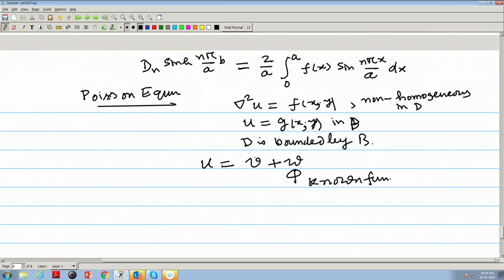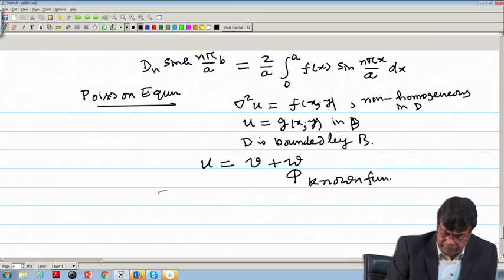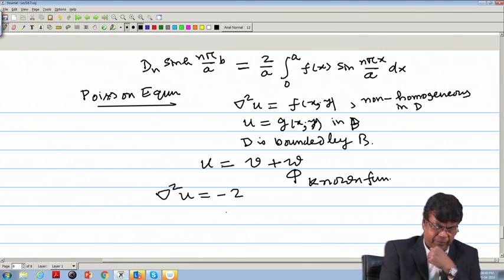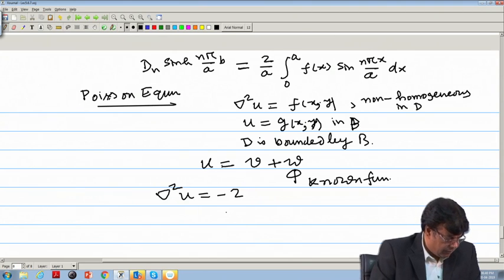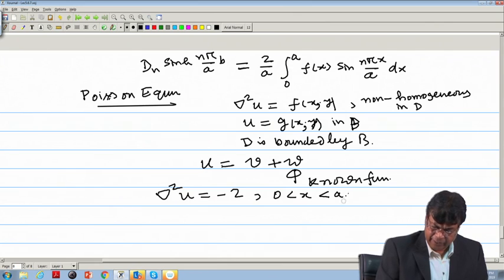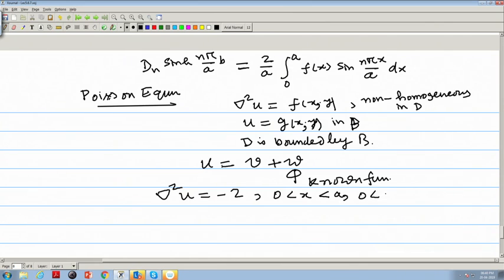Now, say we have an equation like del squared u equal to minus 2, for example, which is a Poisson equation, in the domain 0 less than x less than a and 0 less than y less than b, and u equal to 0 on the boundary.